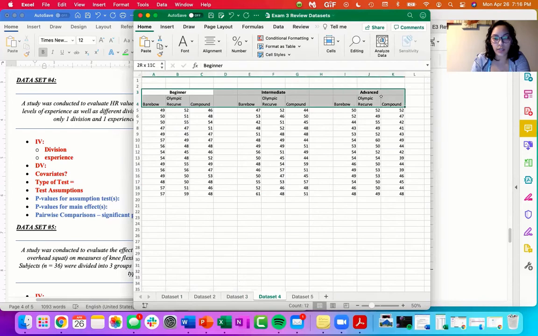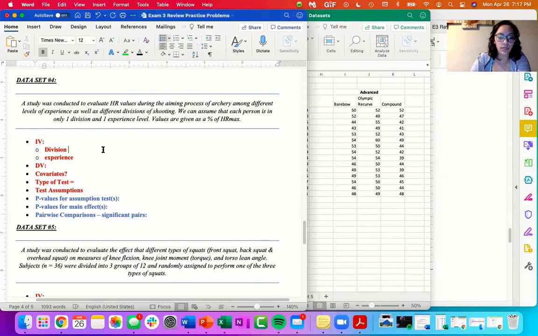For experience, we've got 3 levels: beginner, intermediate, and advanced. For division, we have bare bow, recurve, and compound. So 3 levels for each. And each of these would also be nominal because they're categorizing people.